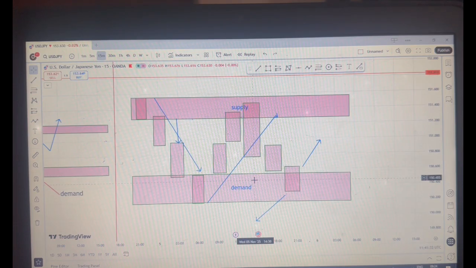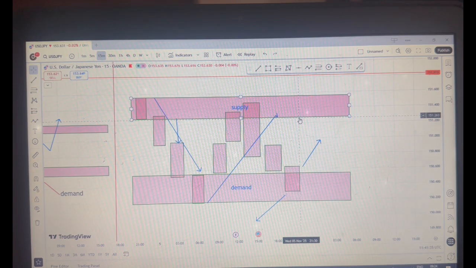Don't just say, okay, price enters my demand zone, I'm going to buy. After that, price might push down just to stop out people that bought early. So waiting for a big structure is very important, though sometimes it can still break structure and go back downwards.